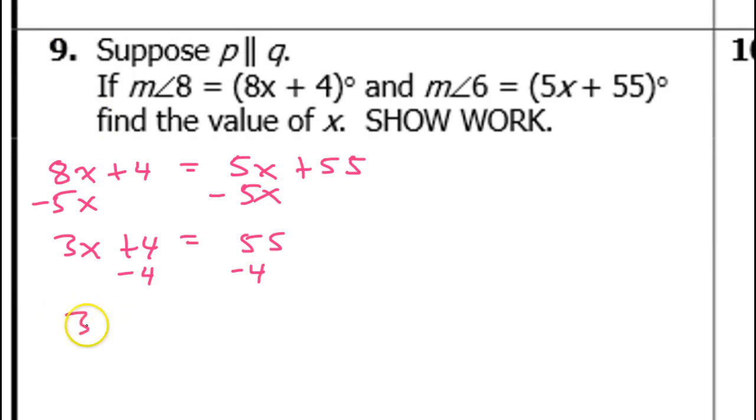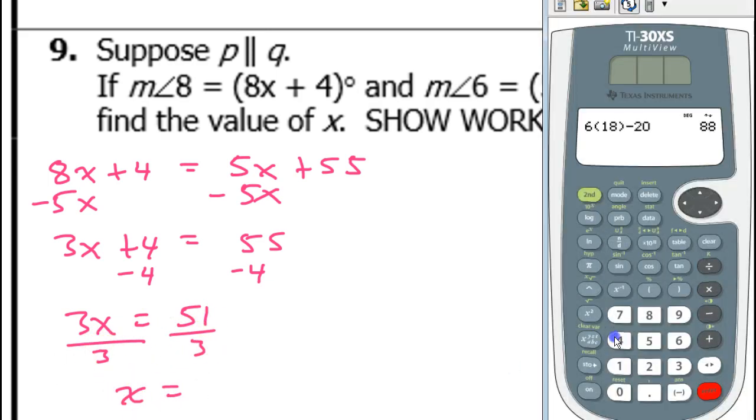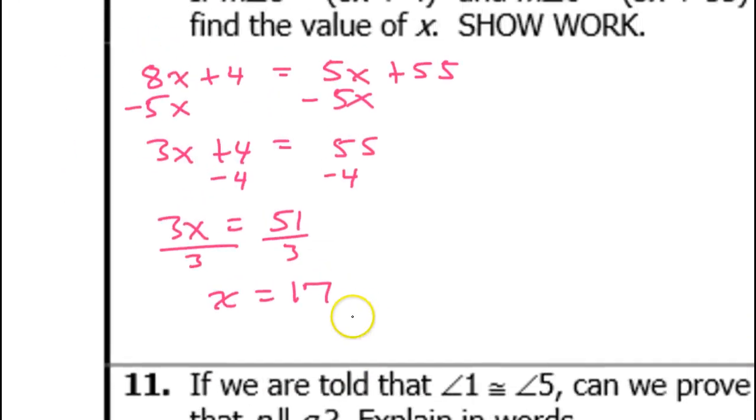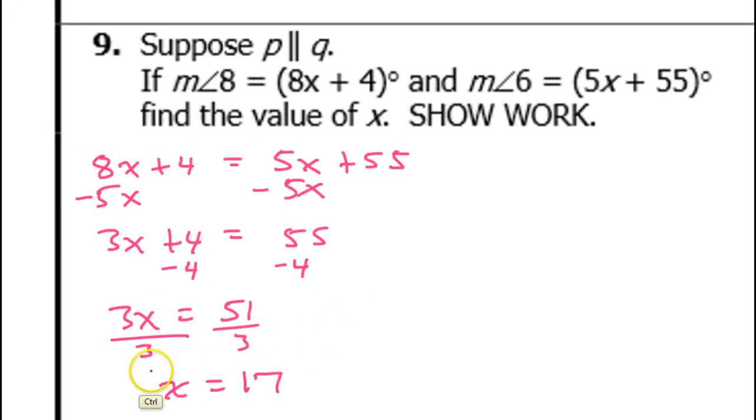So that'll give me 3x equals 51. Then you want to divide both sides by 3. That's 17. Okay, so that's it for number 9.